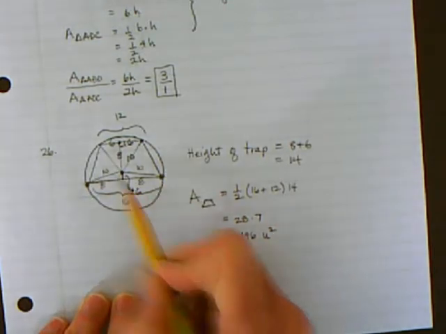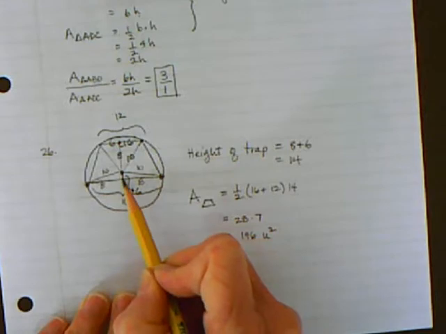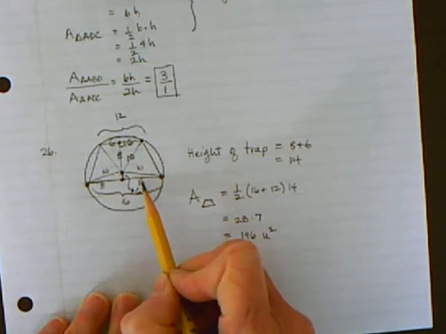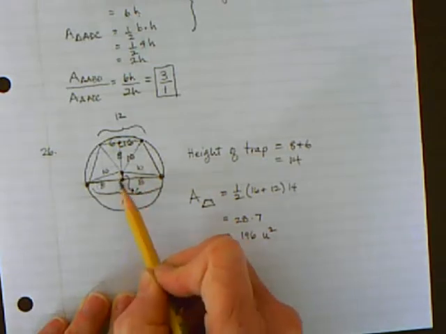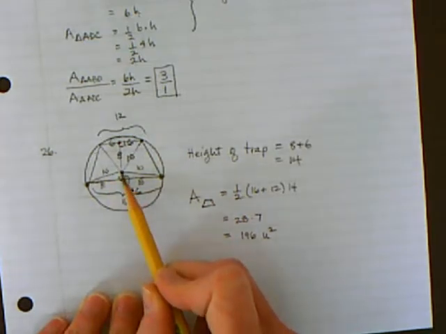Okay, and if I draw the radii, again I have an isosceles triangle. This is a midpoint right here, just like before. So if the whole length is 16, this piece here is 8, and this piece here is 8. And so again, this is a right angle right here, and so I have a 6, 8, 10 triangle. So this height is 6 right here. Like I said, it's a lousy drawing, not to scale.